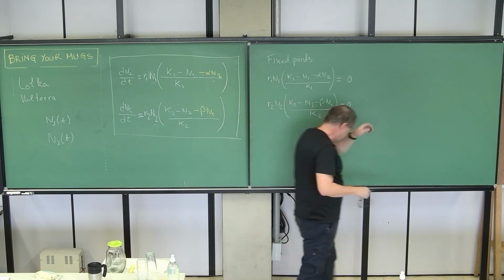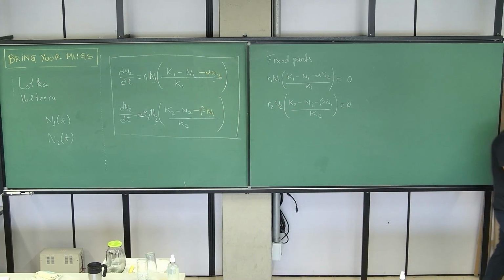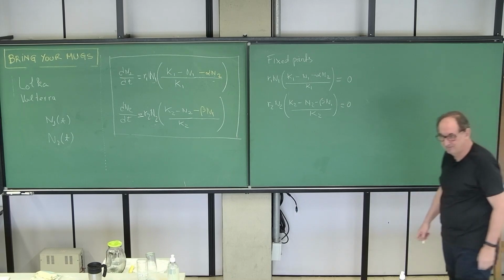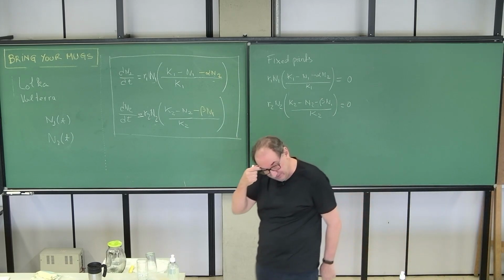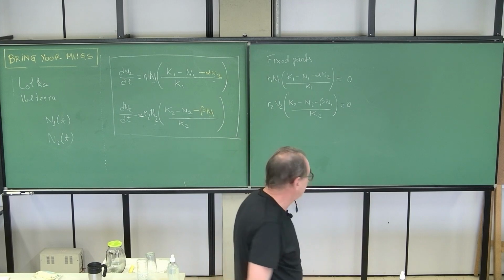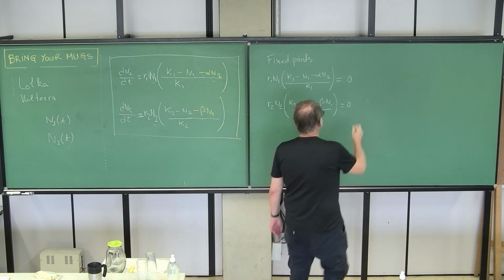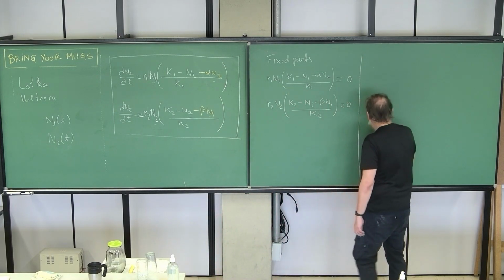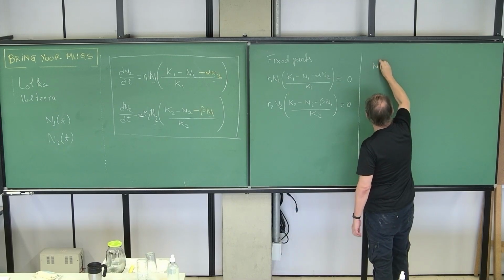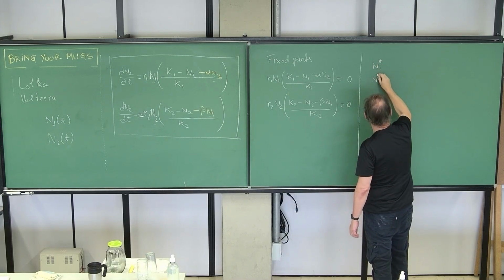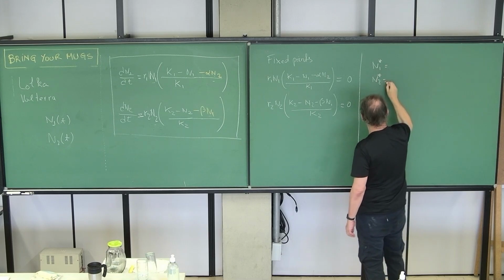So there are 4 fixed points. Let us write them down. I will use N1 star just to make it clear that these are the fixed points. It's not the arbitrary function.